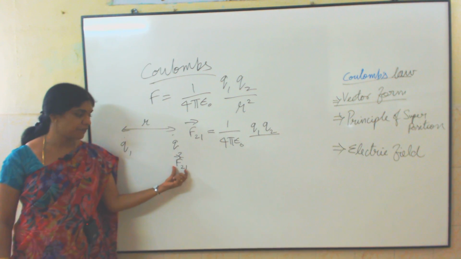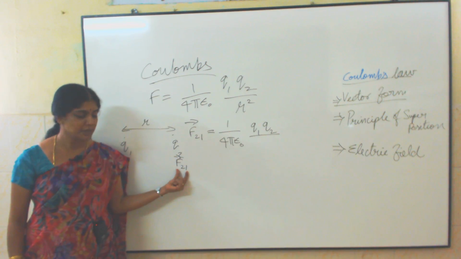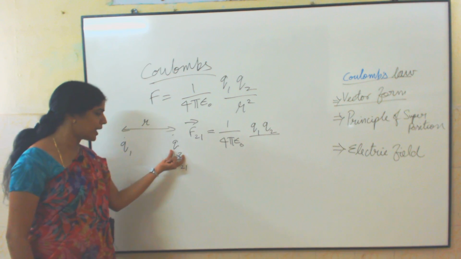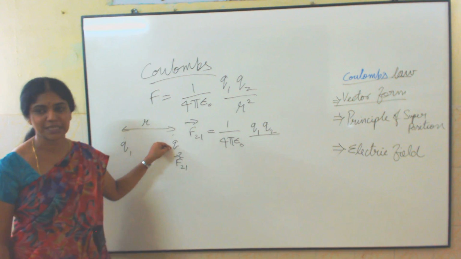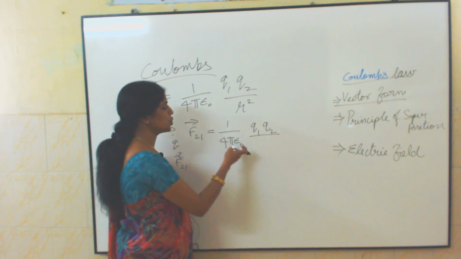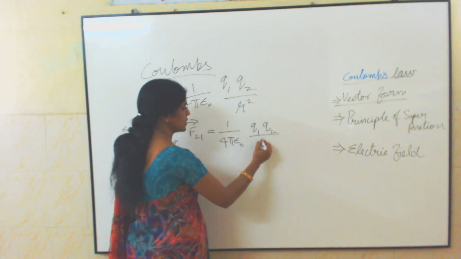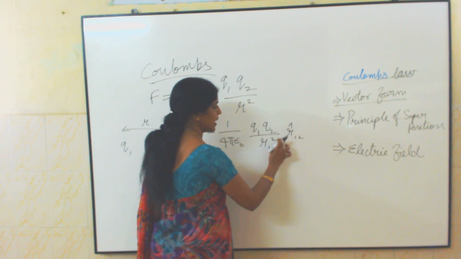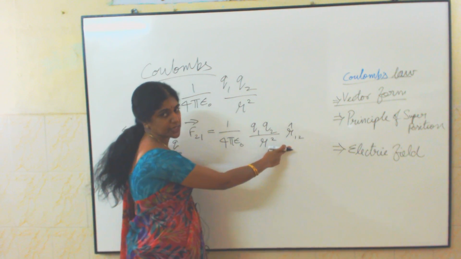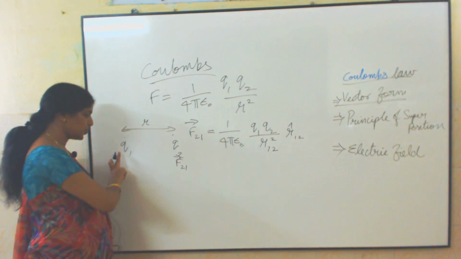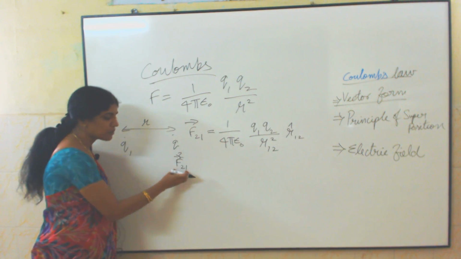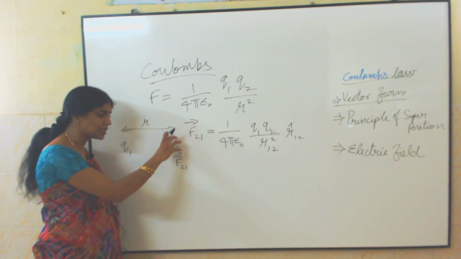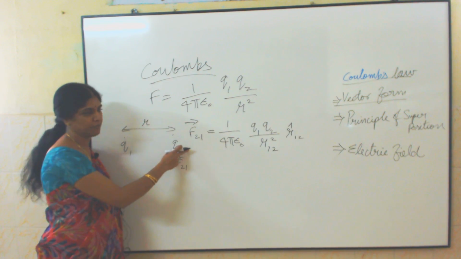So, according to Coulomb's law, we are going to write the equation: F21 is equal to 1 by 4 pi epsilon naught Q1 Q2 by R12 square into R12 cap, where R12 cap is the unit vector. It acts in the direction from Q1 to Q2. This force will be acting from Q1 to Q2. This is the force exerted on the charge Q2 by Q1.